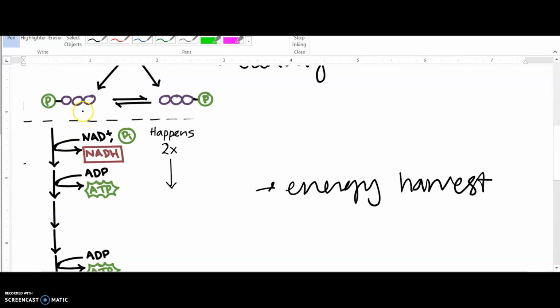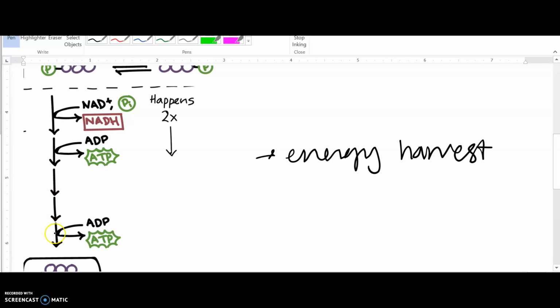So this 3 carbon intermediate is going to go through some reactions, one of which being the reduction of NAD+. So NAD+ goes into the system, gets reduced, meaning oil rig, reduction is gain, so it gains electrons to become NADH. This NADH is going to go to the electron transport chain. We're going to save that for later.